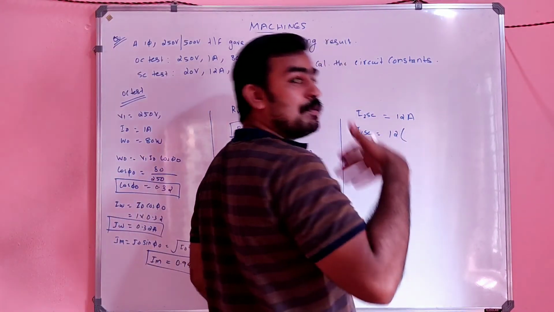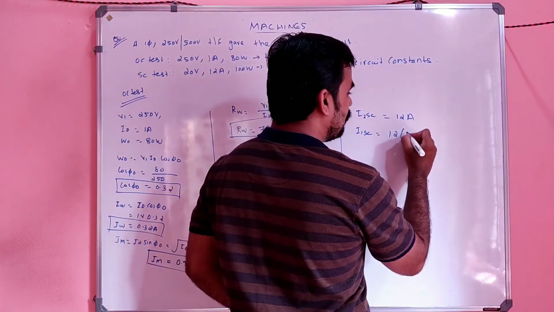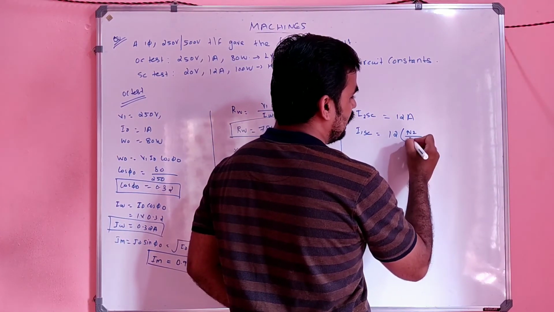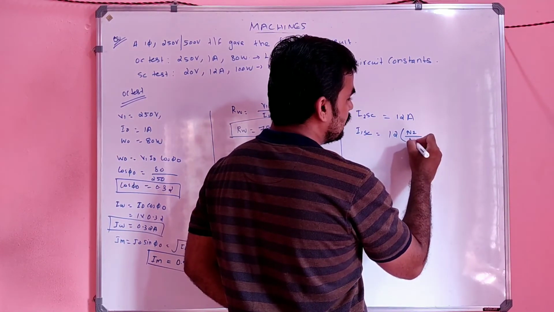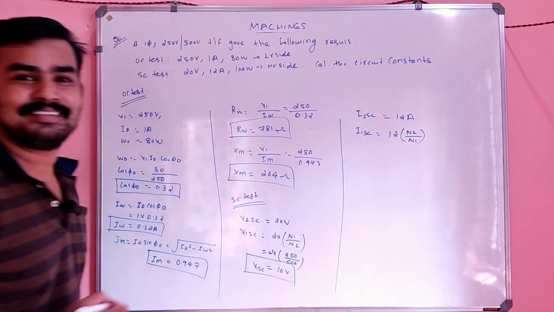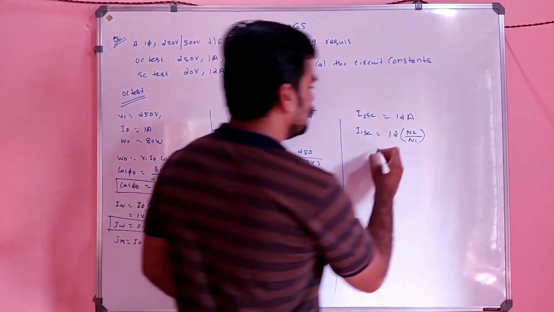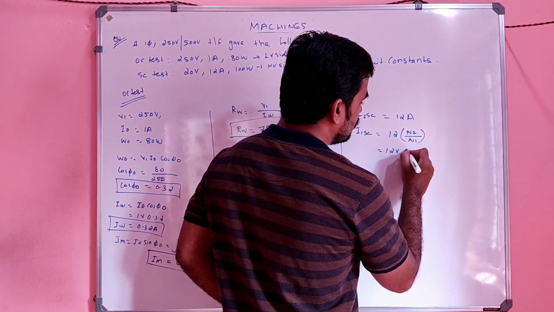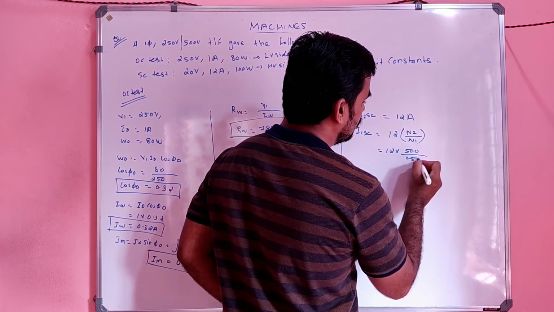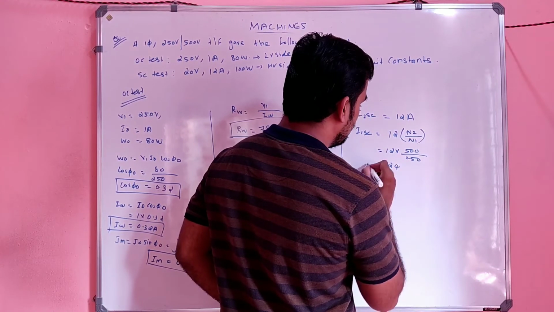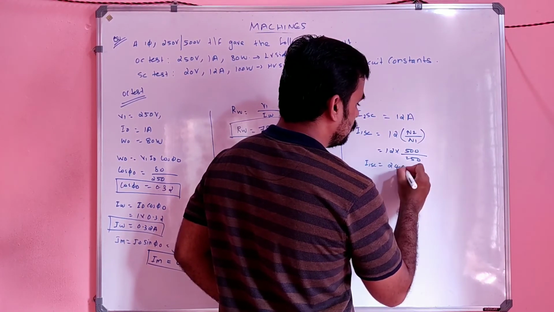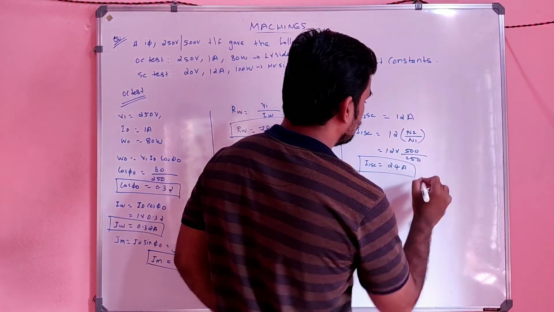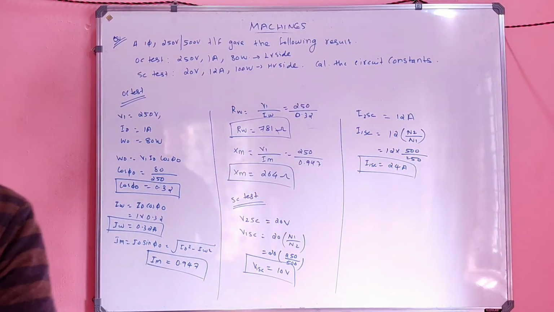I am going to N1, so the reciprocal will be N2 by N1 for current. So it will become 12 into 500 divided by 250. So I1SC is equal to 24 ampere.